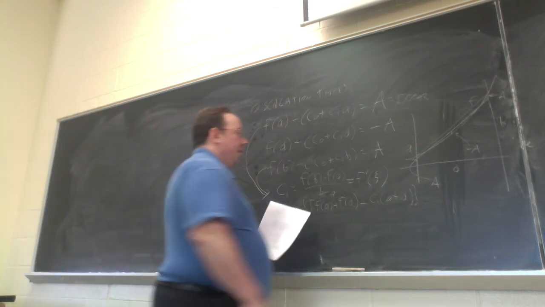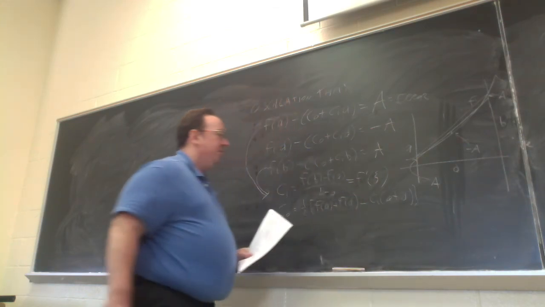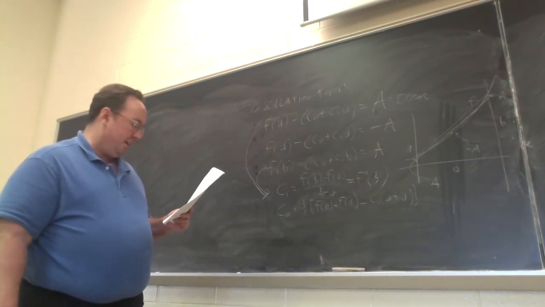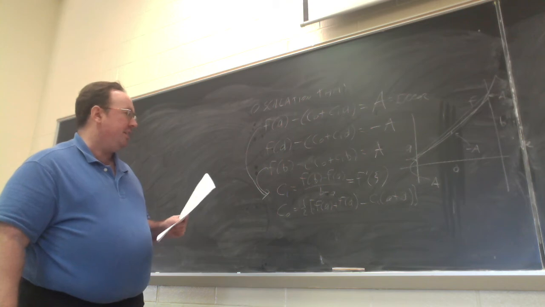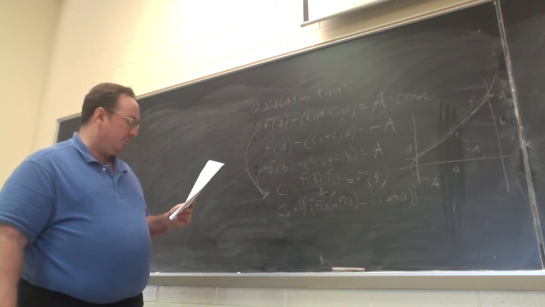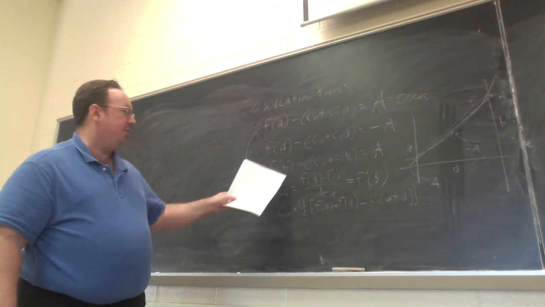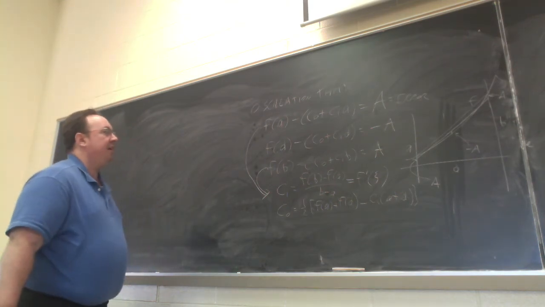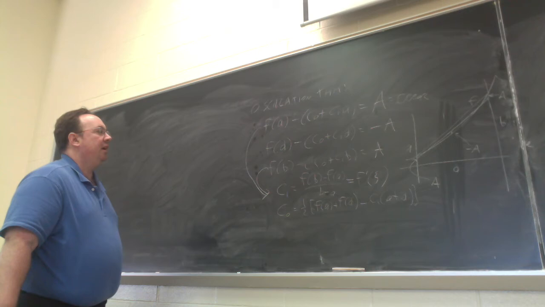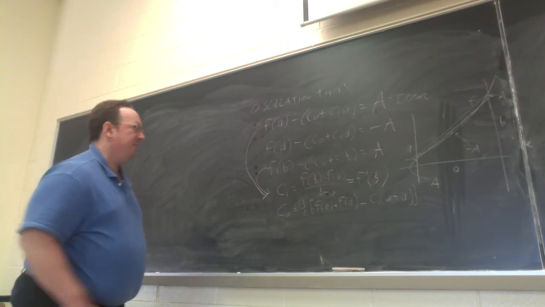Now, what I have written in my notes is that it actually turns out to be f prime of d. There's a point at which the slope of a tangent line is equal to this C1. I can tell you why.